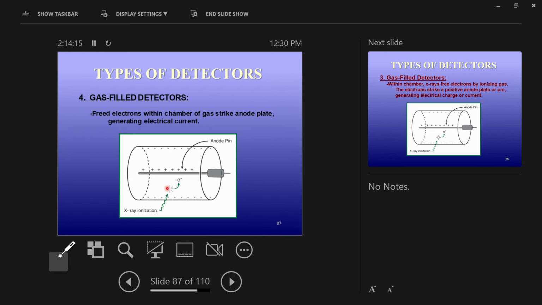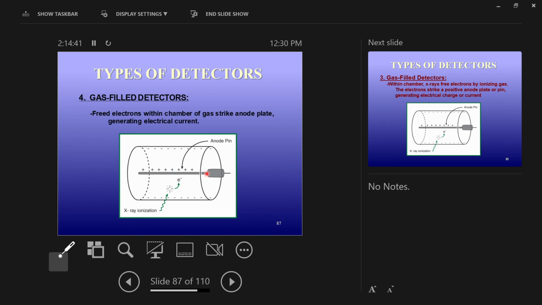That electron will be attracted to the positive anode pin, and when the electron hits that pin, a small amount of increased electric current is generated in the pin, and you can read that current as you would with any electric current. You can detect how much current based on how many electrons were liberated.